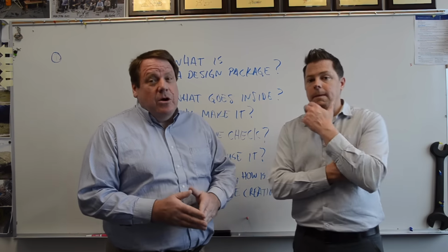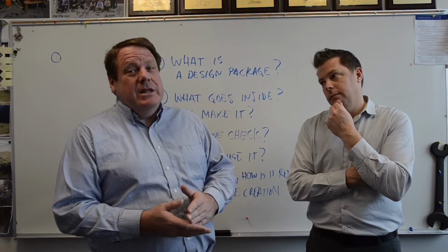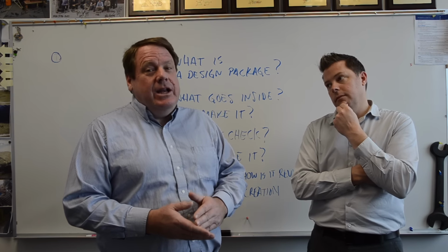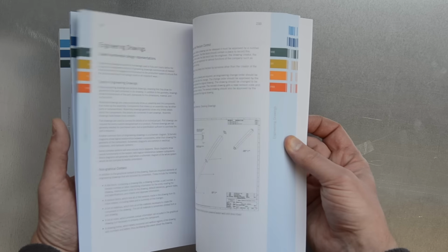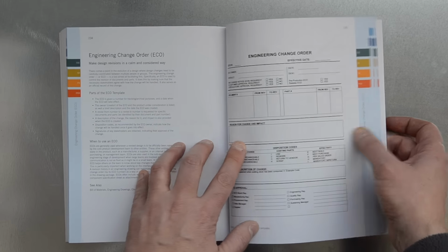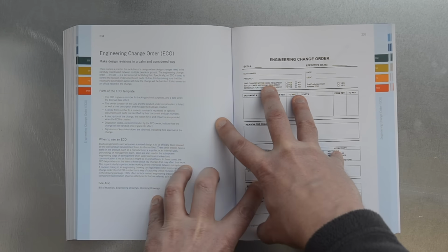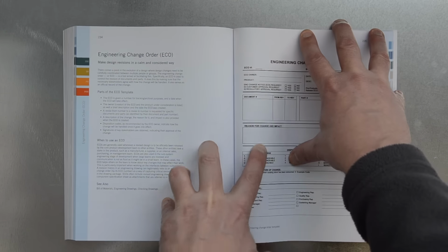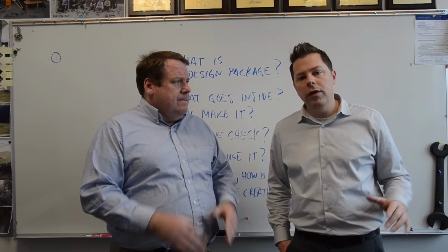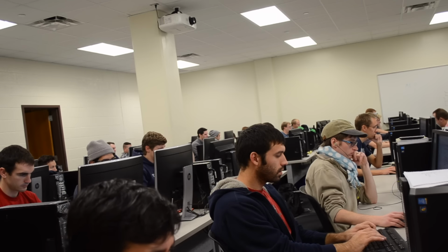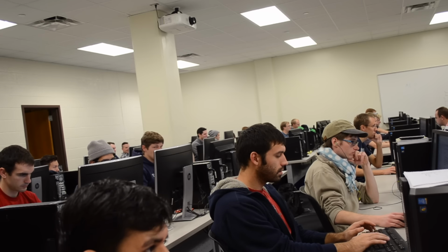After the release, how is the design package revised? It's really important, once the design package has been released, that no changes are made without the full approval of everybody who's influenced by the change. So the process we use is the engineering change order process, which is described in the development reference of the textbook. As you know, when you're working on a project, you're creating all this information. Someone on your team's got a set of files. You've got a set of files.